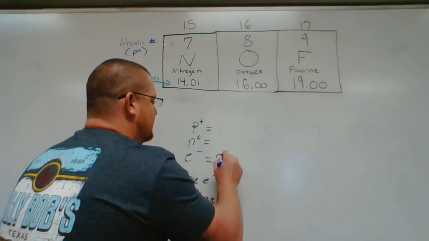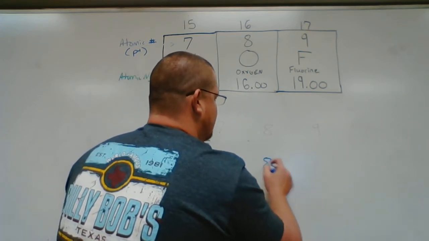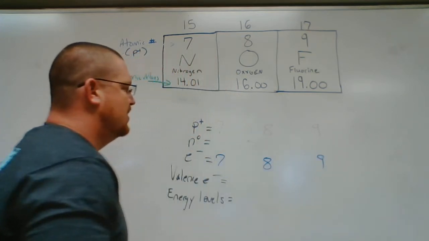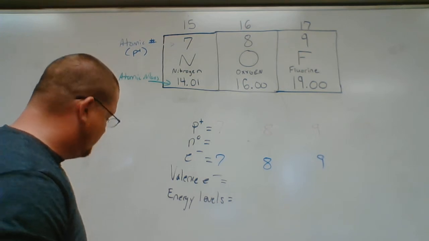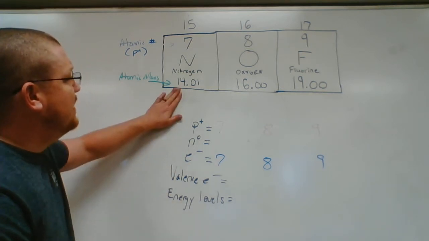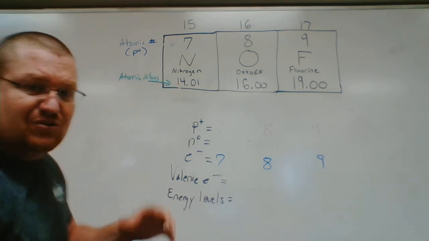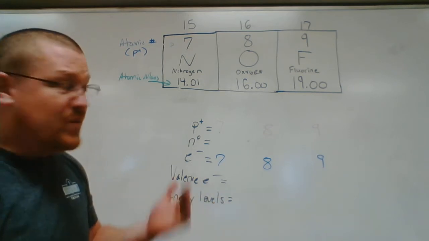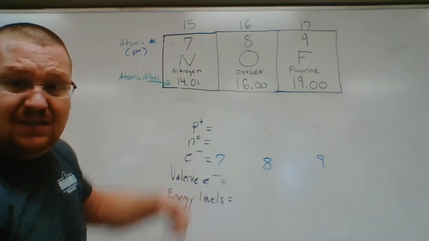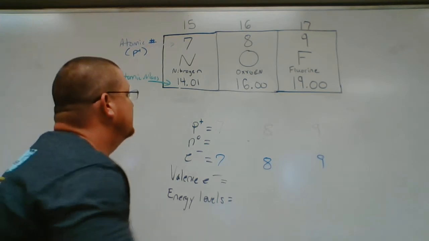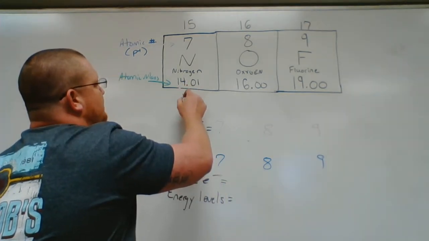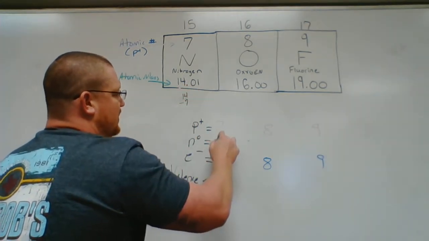So, 7, 8, 9. Now we get to neutrons. Neutrons, we're going to use this mass number. So the mass is 14. There are 14 total things in that nucleus. Well, we already know that 7 of them are protons. So how many more must there be? For this one, we'll do 14 minus 7, which is 7.